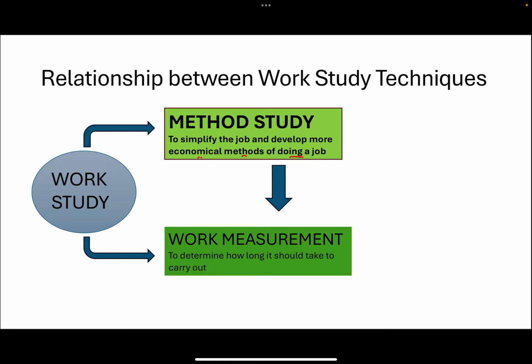Then after the method study, we go for work measurement, to determine how long it should take to carry it out, which in turn will lead to an increase in productivity. Productivity is usually measured by man or machine hours. If we can reduce the man or machine hours, that is the time taken to do a particular job, that means higher productivity, because more products can be manufactured within a period of time.